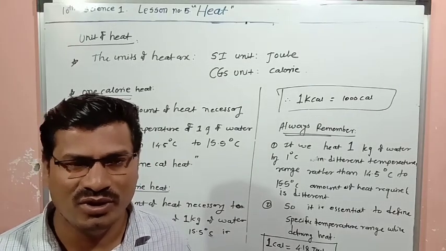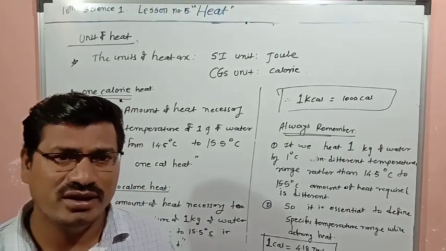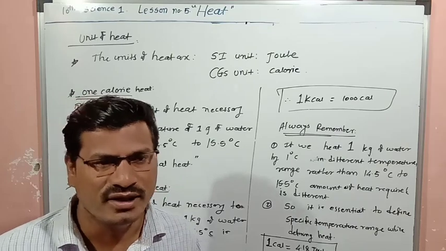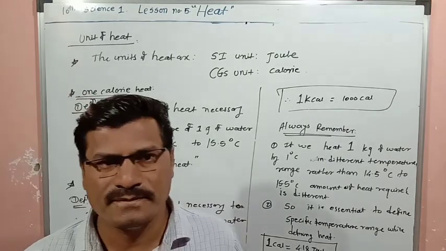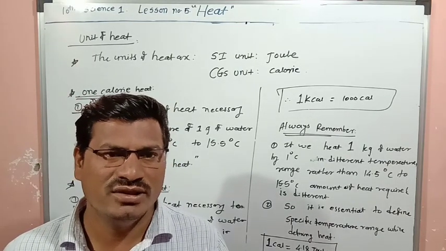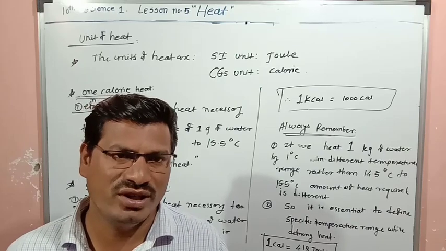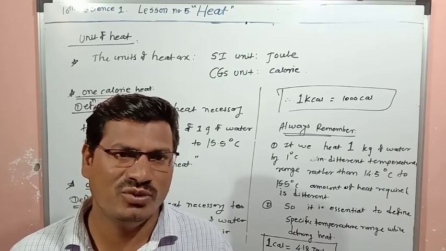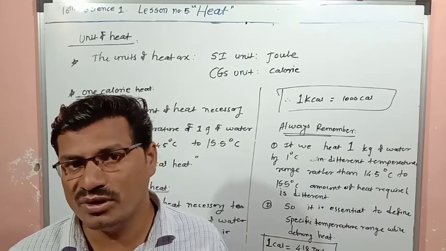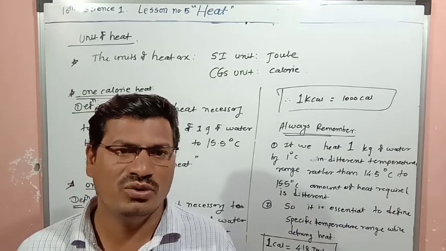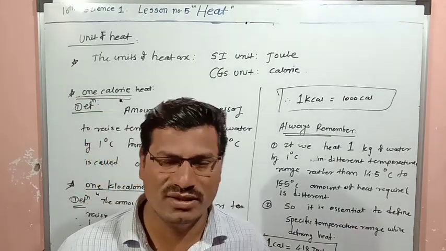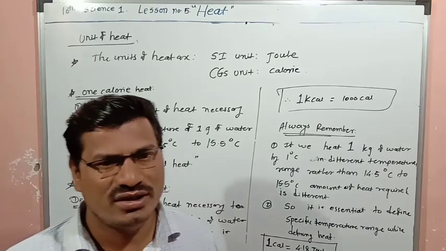So 1 calorie heat and 1 kilocalorie heat. What is 1 calorie heat? Amount of heat energy necessary to raise the temperature of 1 gram of water by 1 degree Celsius from 14.5 to 15.5 degrees Celsius is called 1 calorie heat.